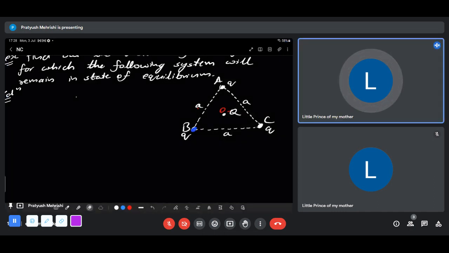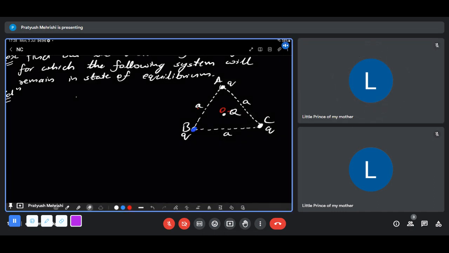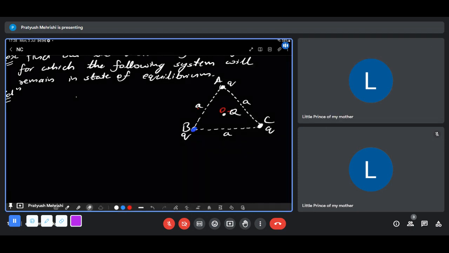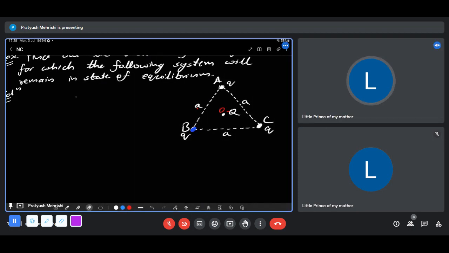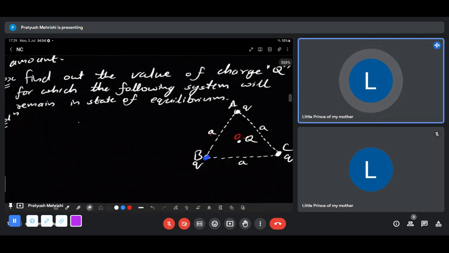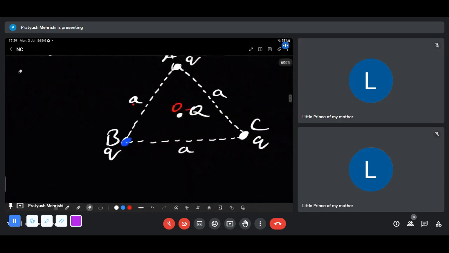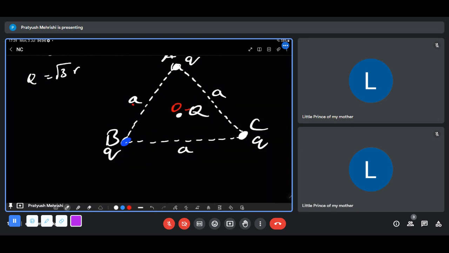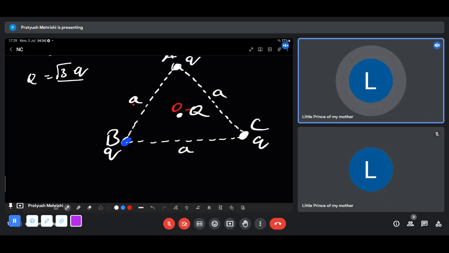So, root 3 A by Q now, sir. Root 3. Yes, what is that? Root 3 Q by A, you are saying the value of capital Q is root 3 A by Q?